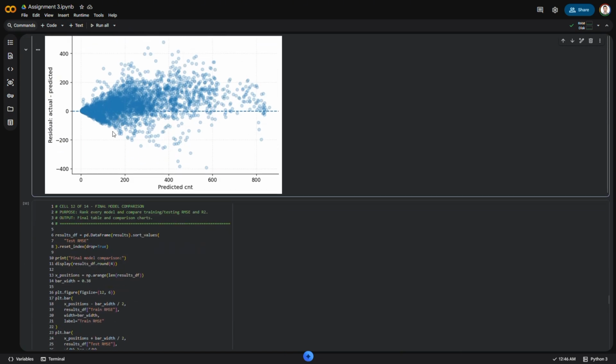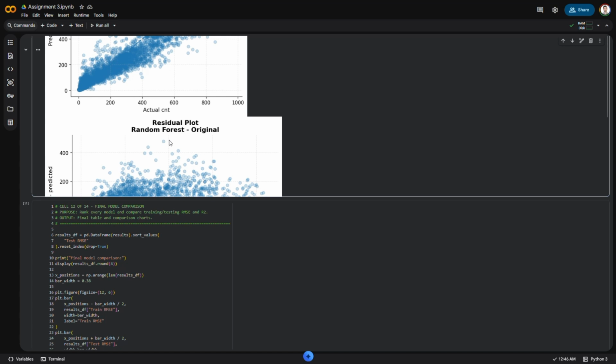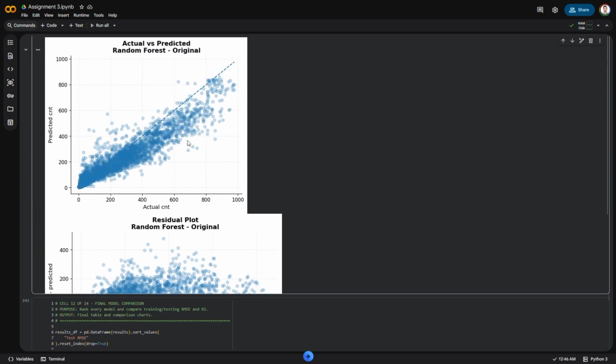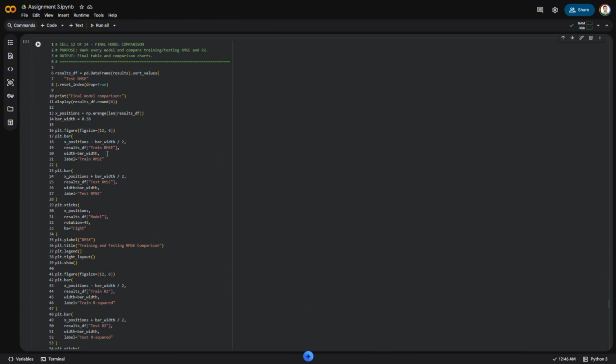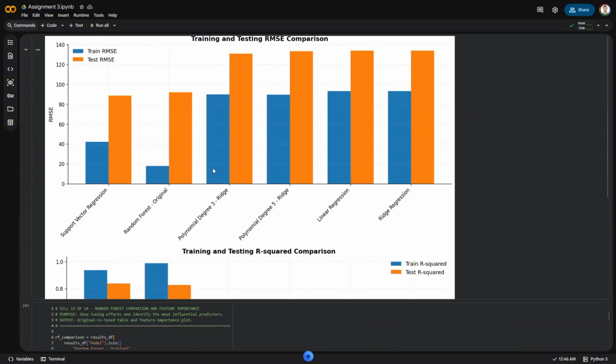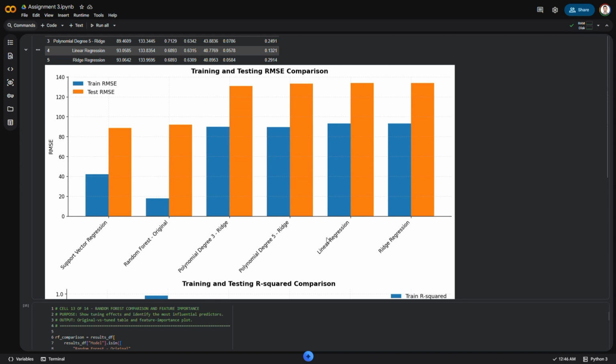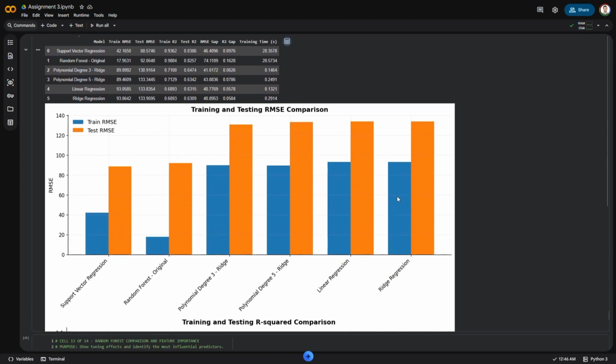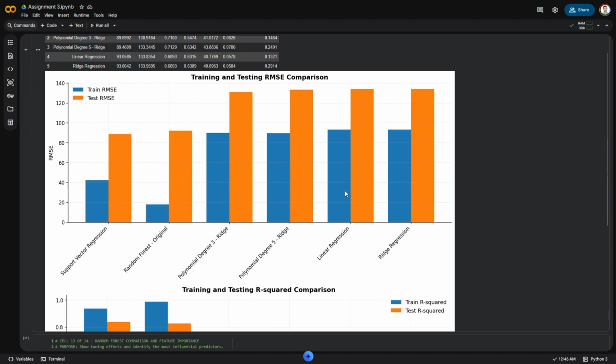Based on the nonlinear patterns I observed during the data analysis, I expected random forest to perform the best. The final comparison confirms my expectation. Linear regression and ridge regression achieve similar performance because both are fundamentally linear models. Polynomial regression improved the prediction accuracy by capturing nonlinear relationships.